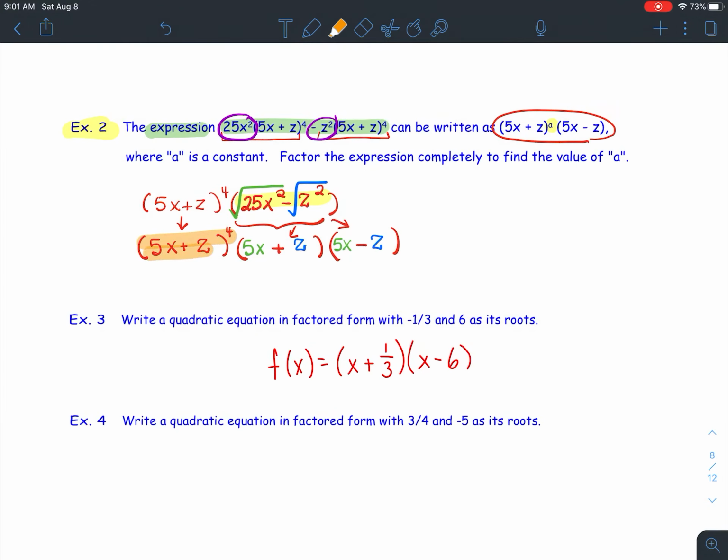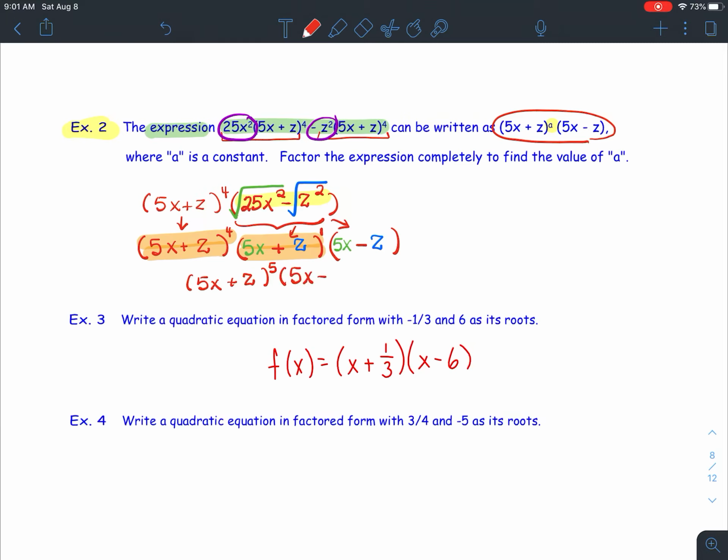So let's look a little bit closer because we're almost there. Here I have 4 of the 5x plus z's. And look how many I have right here. I have 1 of them. I know there's just 1 because if you don't see an exponent out here, you know that's to the 1st power. So we can take these two quantities and mesh them together.